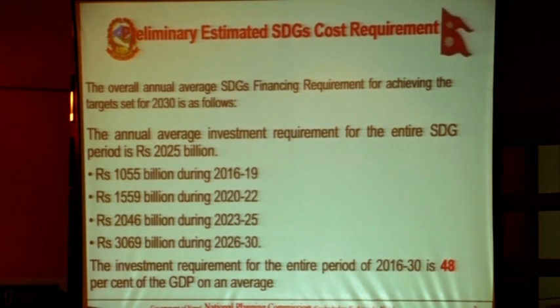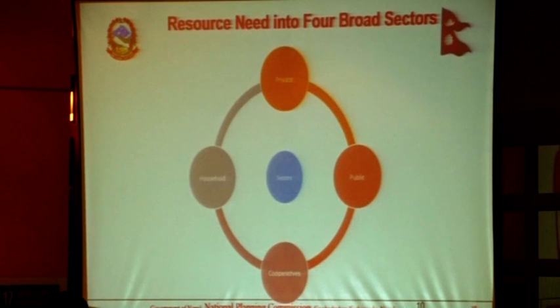It is about 48% of our GDP. Basically, we have identified this in different categories of time period, so it's the average one. So a huge resource gap still exists in the country. This resource need can be fulfilled by the private sector, public sector, cooperatives, community sector, and households.